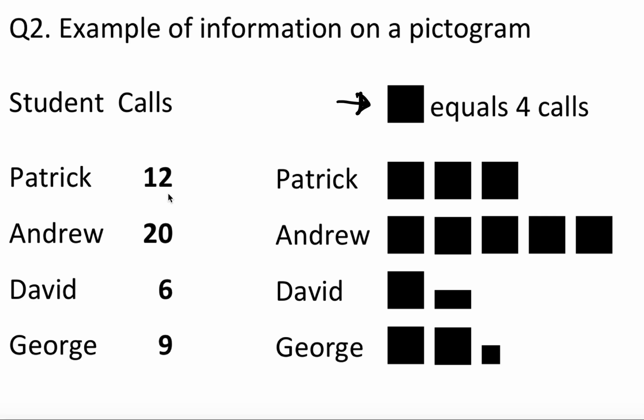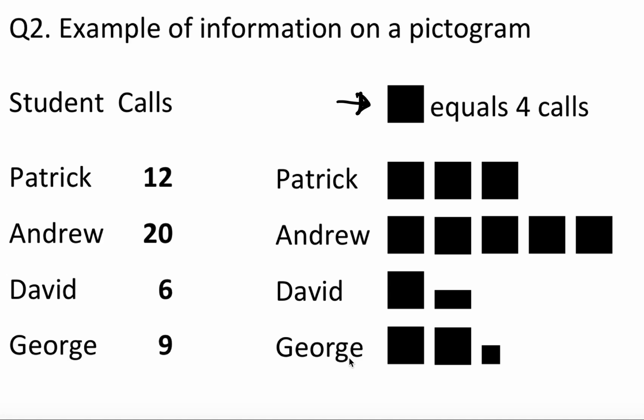And Patrick, he had 12 calls, so he's got 3 squares or 3 cubes. Andrew, who had received a lot more calls, he's got 5 cubes. Each cube representing 4 calls would be 20. David, he didn't seem to get many calls. He's not so popular. He only got 6, so he's only got 1.5 cubes.